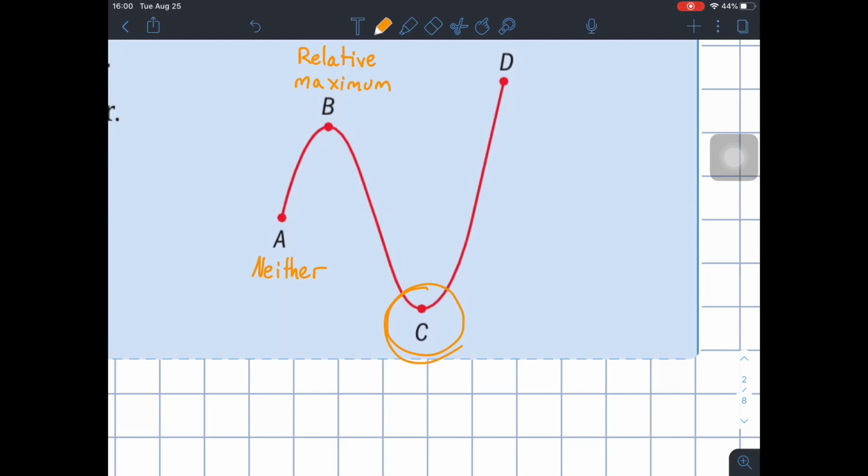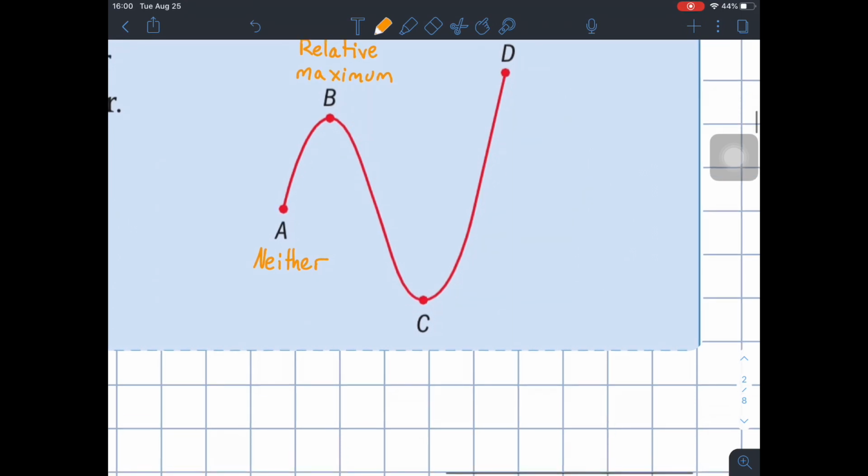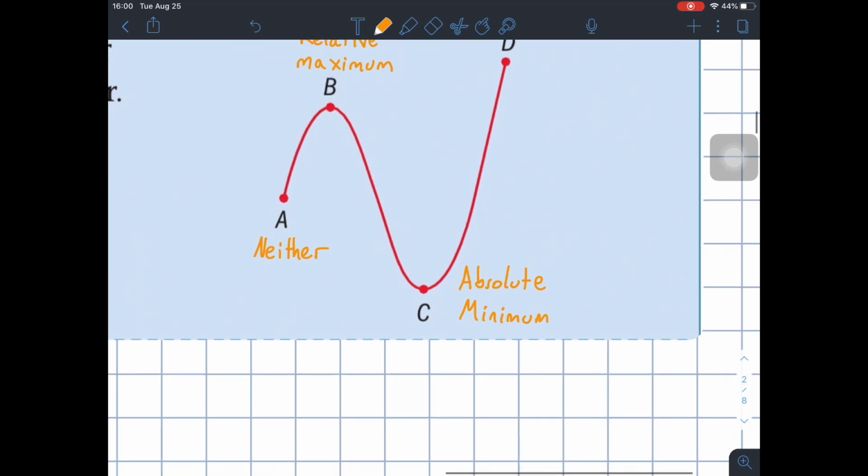Because point C is at the lowest point of this graph as it is graphed in this exercise, right? So point C is an absolute minimum. And we can write in parentheses that it's also a relative minimum, right?